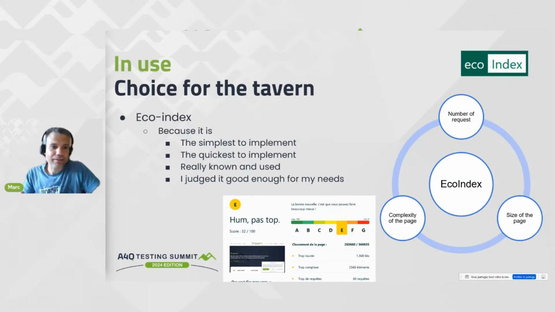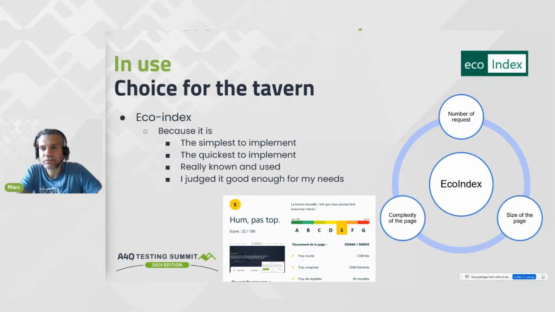So I made it for A4Q, and as you can see, it's E. You have to know that it's quite rare to have better than C, unless you really did work in order to have a good note. On average, I see sites between D and F. So A4Q is average. They say too many requests because they aim to have 40 requests to be good.